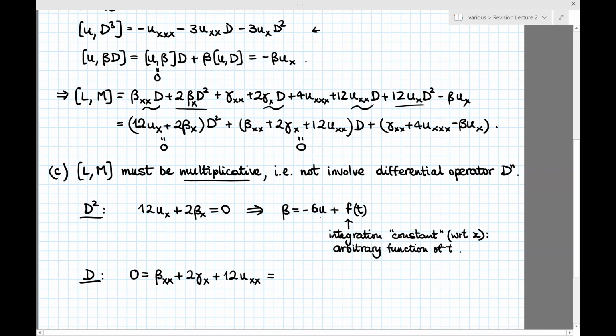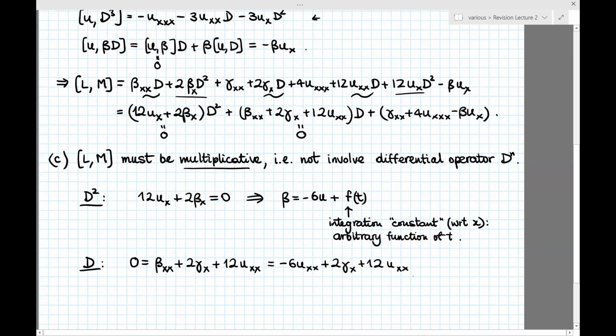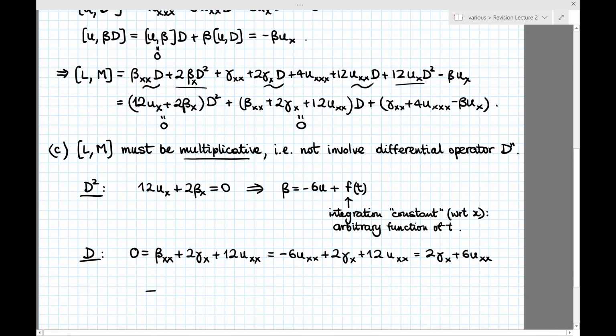So beta xx will be equal to minus 6 uxx. I get still plus 2 gamma x plus 12 uxx, which is equal to 2 gamma x plus 6 uxx.